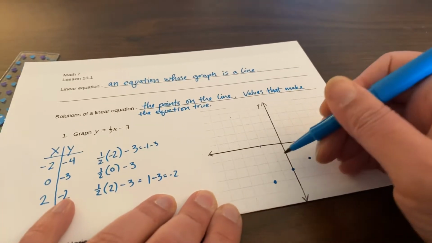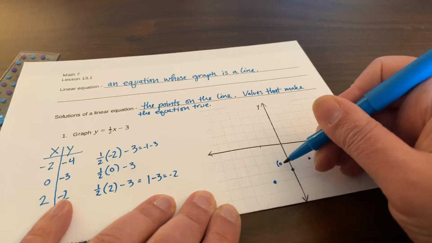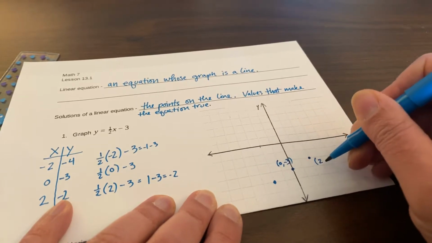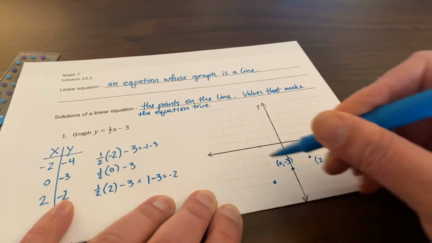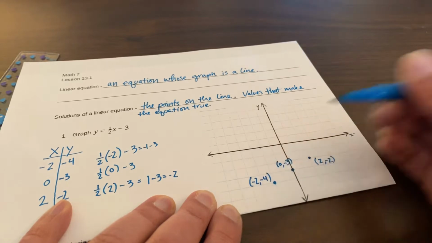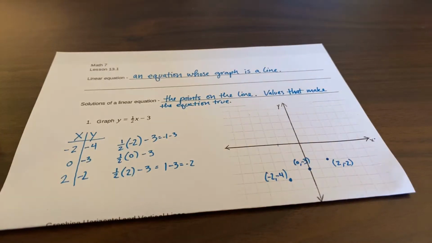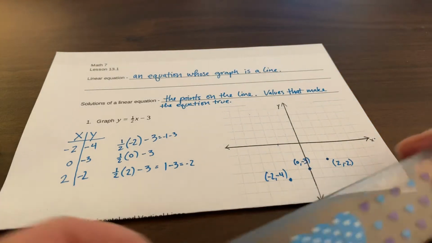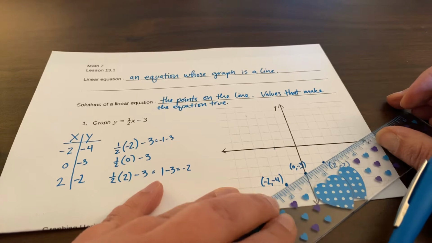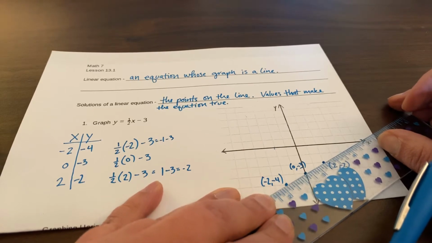And I can label these points to help you see what they are. You don't have to label your points on every graph that you draw unless they specifically say, hey, label your points.